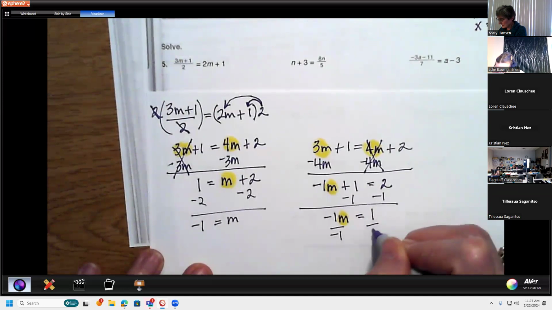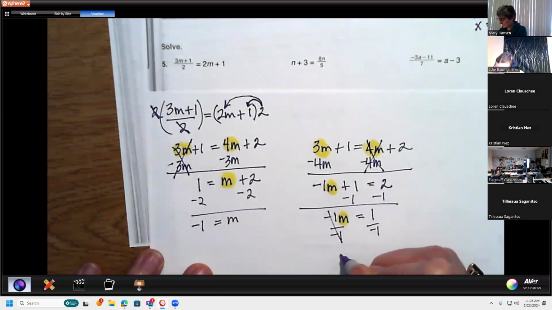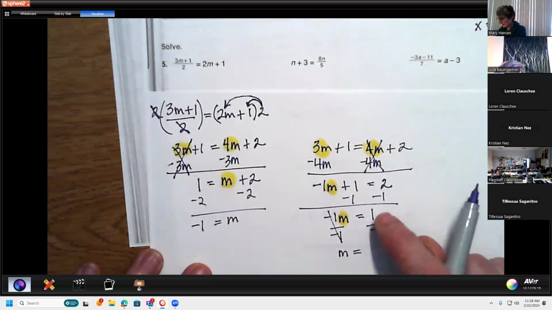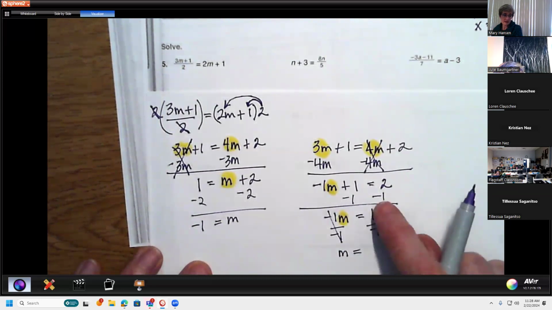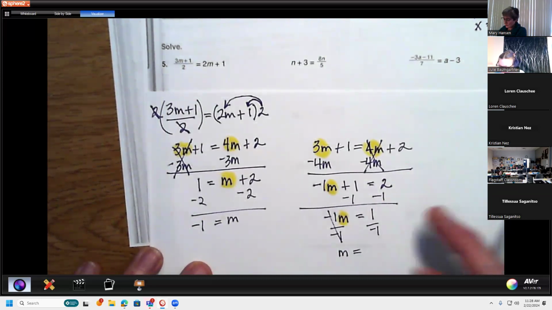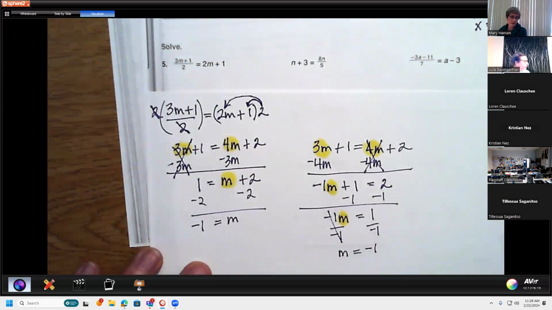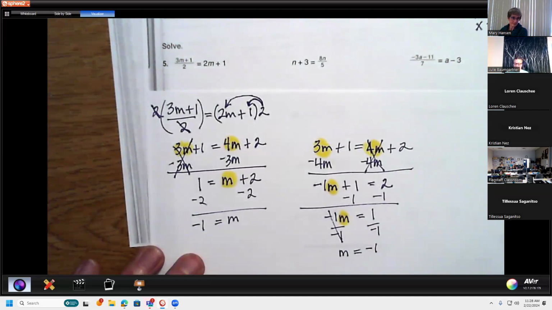And I would divide by -1 to get rid of the -1. -1 times -1 is positive 1m. And 1 divided by -1, signs are different, so the answer is negative, and it's -1.